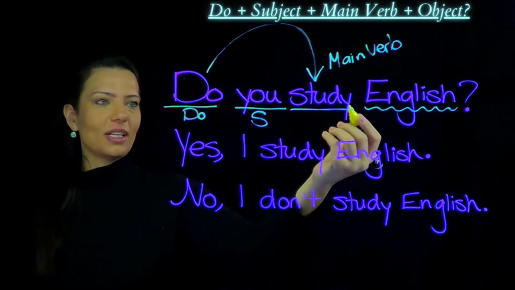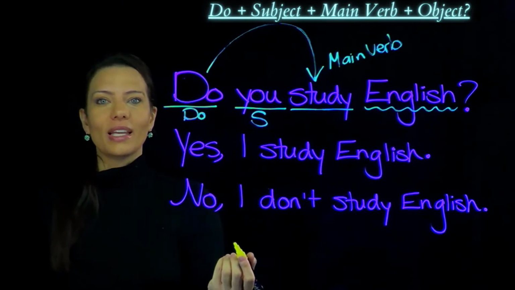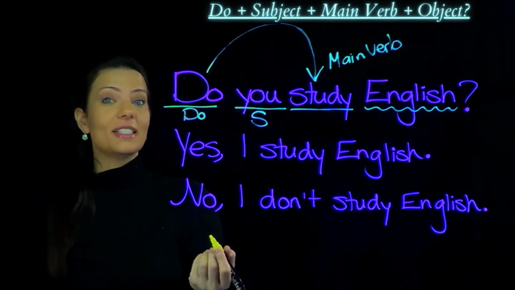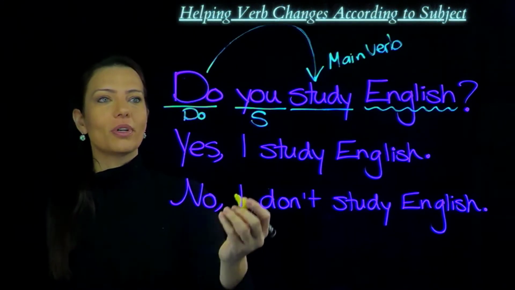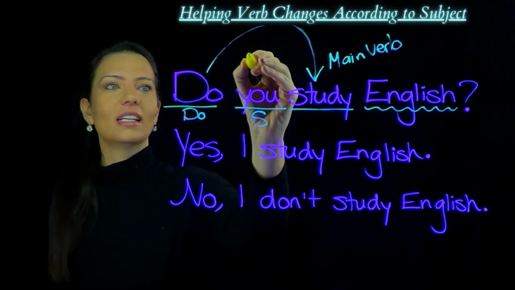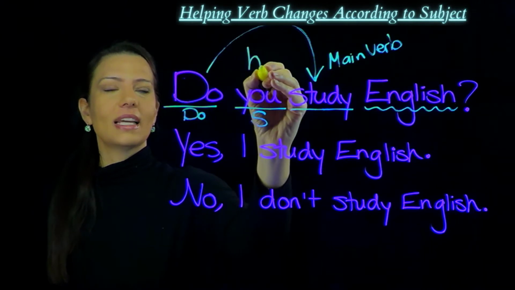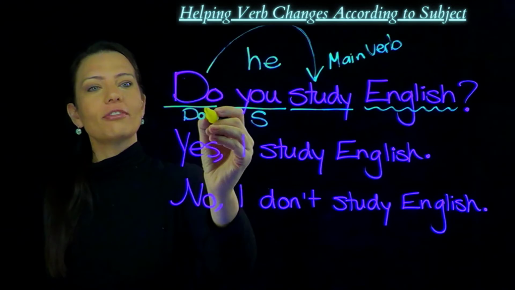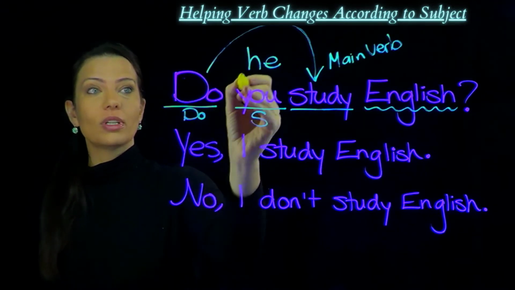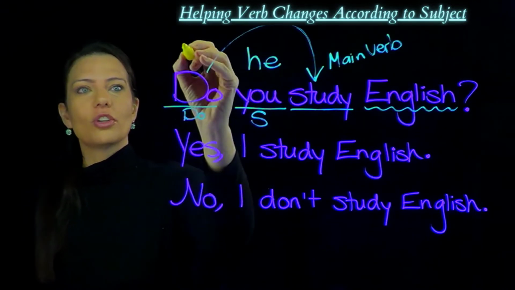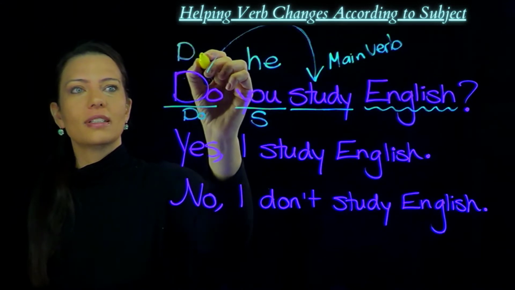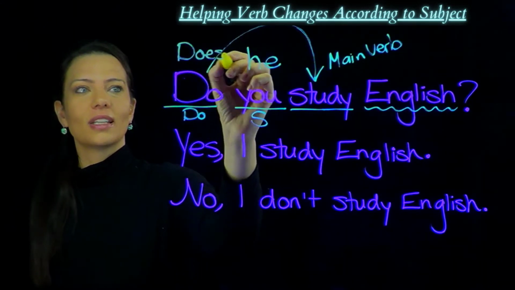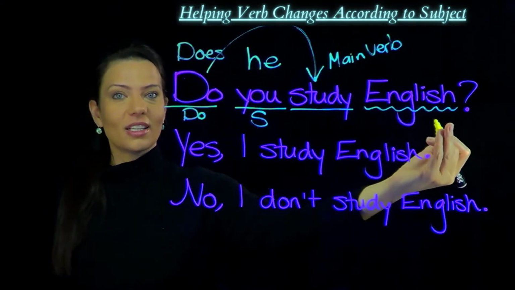Do you study English? Now, in this case here, if I had a different subject, let's say the subject was he, then I would have to change the helping verb do to match that subject. So I would have to have does he study English?